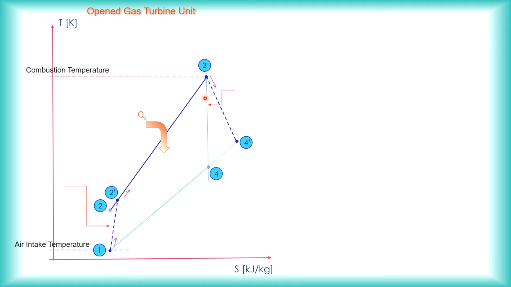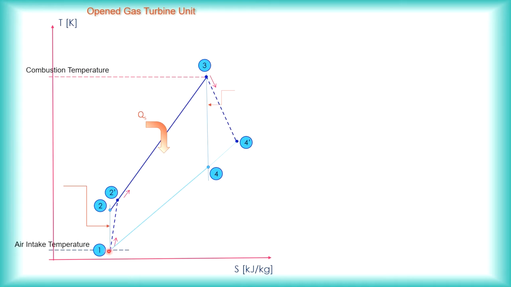For the closed Brayton cycle, it usually goes 1 to 2, then 3, then 4, and then back to 1. That is a closed gas turbine unit. That is the Brayton cycle, where 1 to 2 is isentropic compression, then constant pressure heating, then isentropic expansion, then constant pressure cooling back to state point 1.